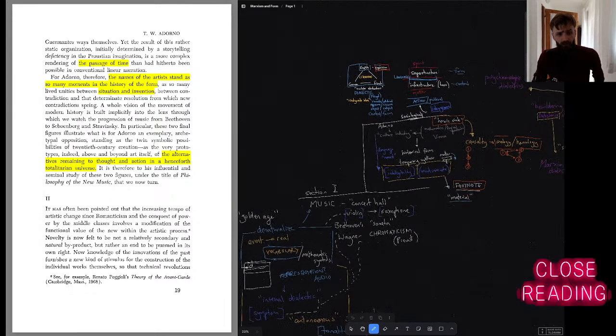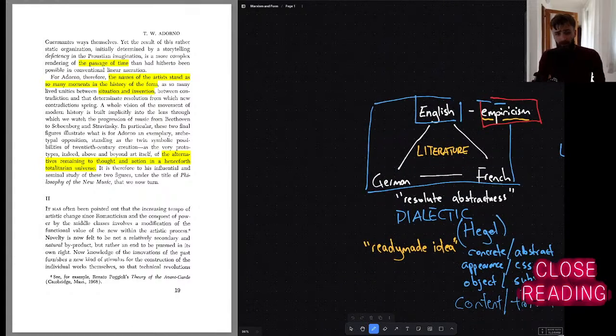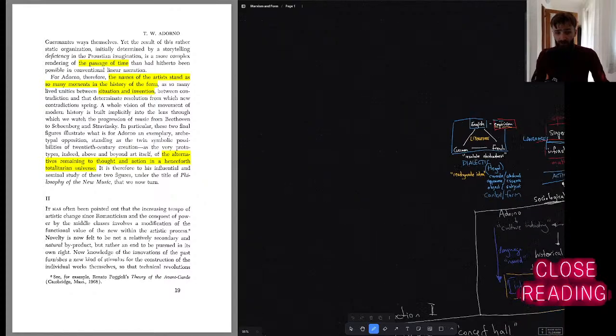So last time we talked about Jameson's project as being depicted by this triangle here, where Jameson wants to look at literature as an object that shows us something about the dialectical structure of the world. And in particular, he wants to bring into the Anglo-American, the English-speaking context, something of German and French philosophical cultures. And he wants to do this to combat what he calls the empiricism of the English approach.